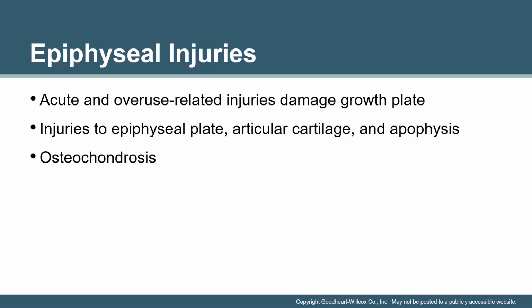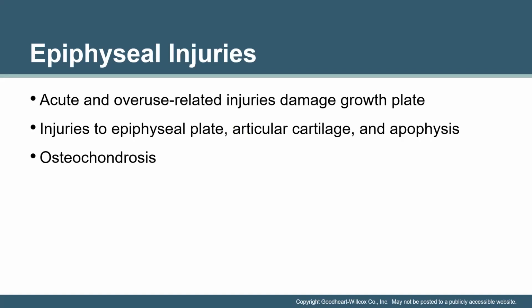Injuries to this epiphyseal plate can have an impact on the cartilage and the apophysis. The apophysis is the site at which a tendon attaches to the bone. So both acute and overuse related injuries can damage the growth plate.